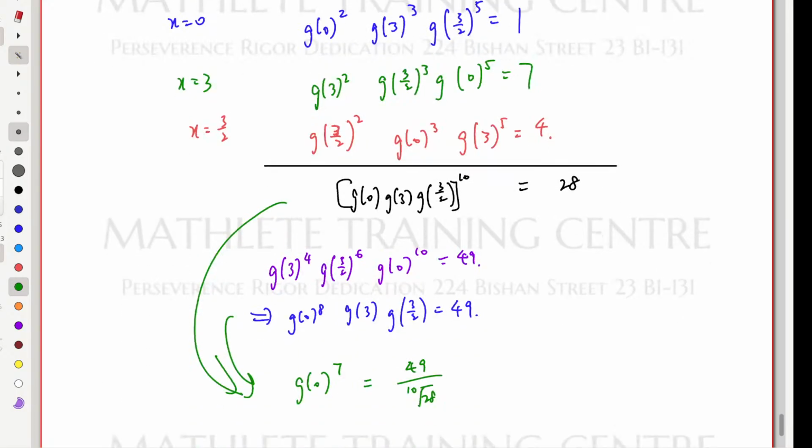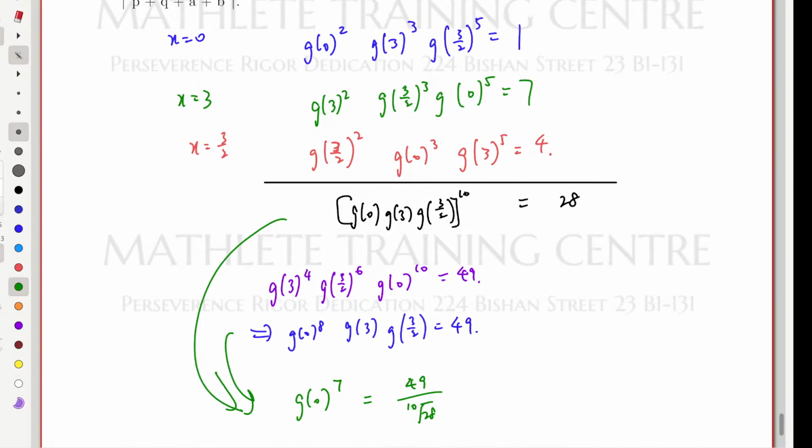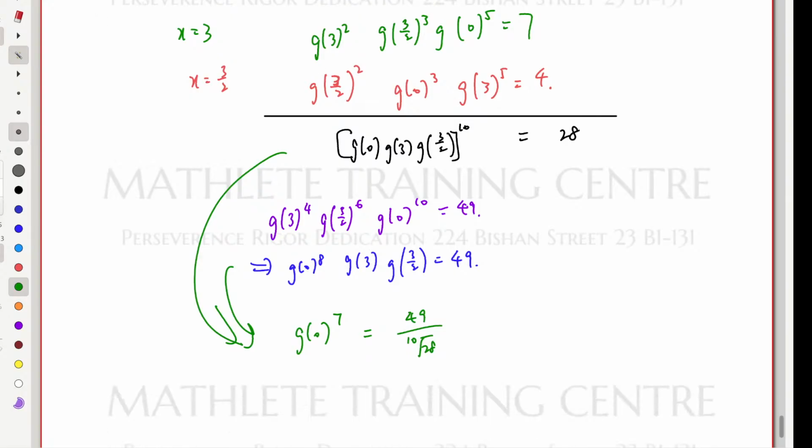Anyway, you can figure out the primes here are just going to be 2 and 7, which is a good thing. But what I need to furthermore do is take this to the power of 1 over 7. So g0 is the 7th root of 49 over the 70th root of 28.